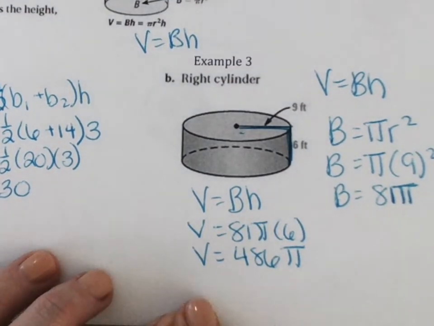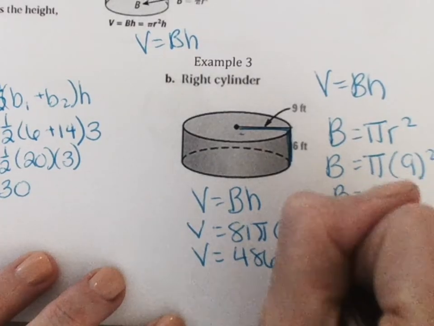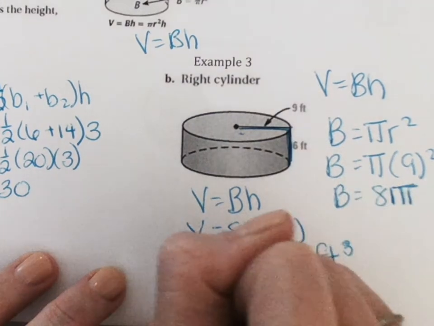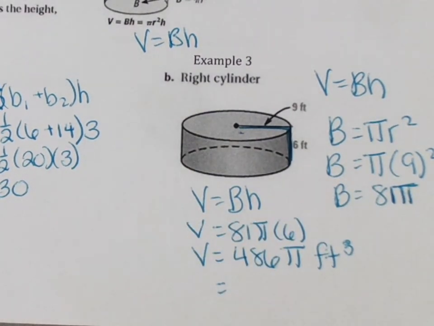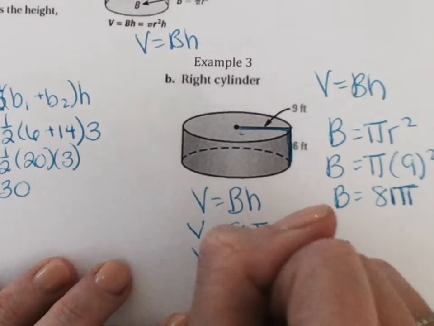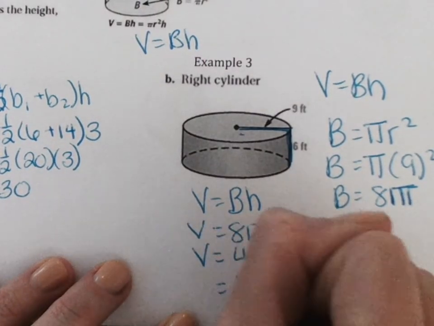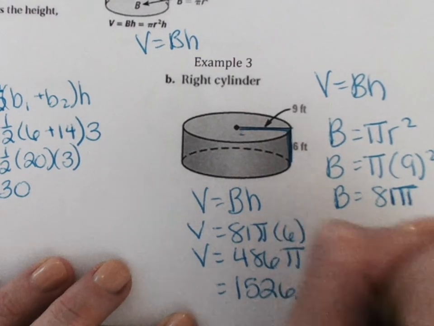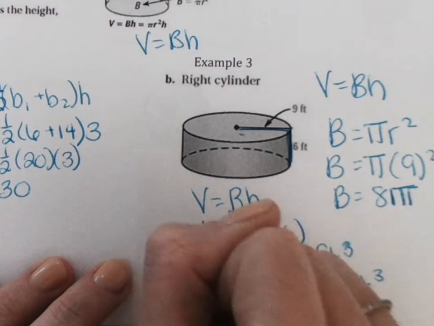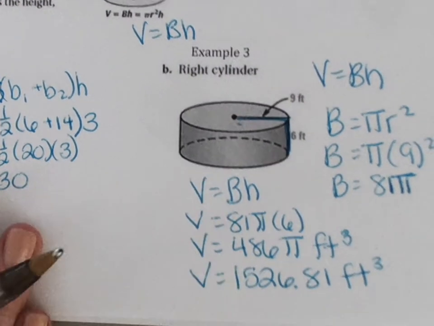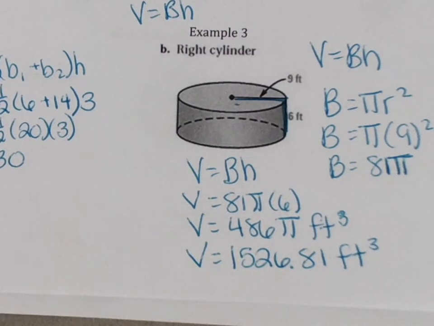So you can write it as this, 486 pi feet to the third power. Or you can multiply that 486 times pi, and you get 1,526.81 feet to the third power. Same thing, two different ways.